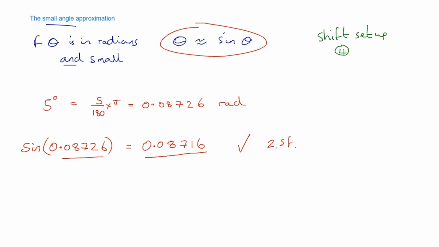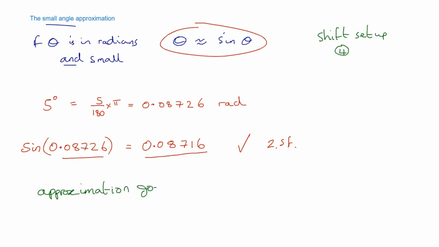Well, the question then is, up to what angle is this okay? And when do they start to be too different? The smaller the angle, the closer they get. The bigger the angle, the more they diverge. This approximation is good for angles less than about 15 degrees.